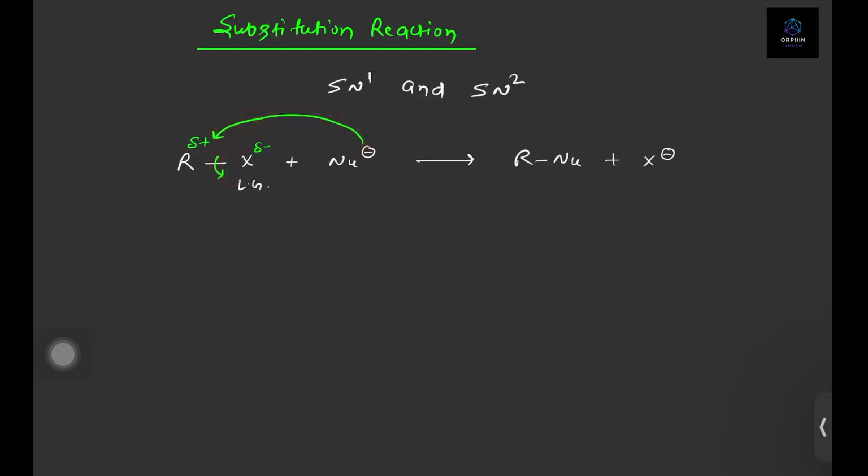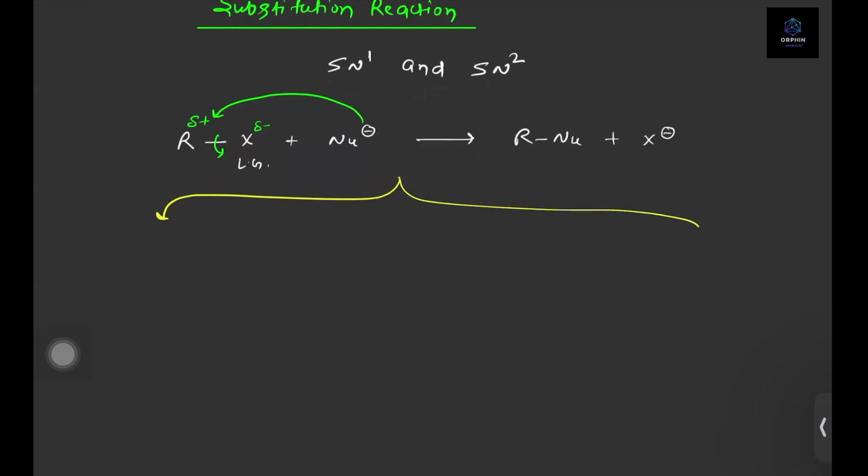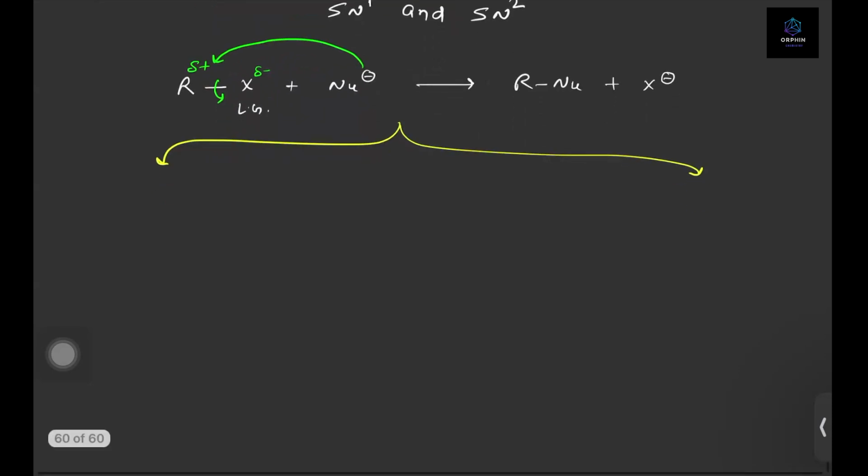That is one pathway. In the second pathway, first the nucleophile attacks, then the leaving group is removed. Only these two cases are possible. So we have two mechanisms, SN1 and SN2.